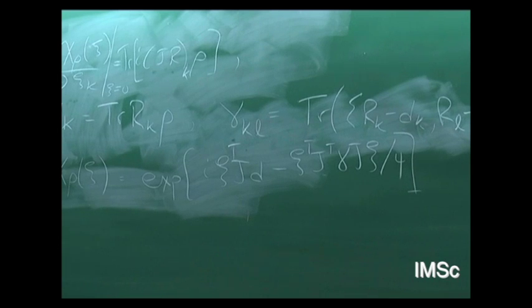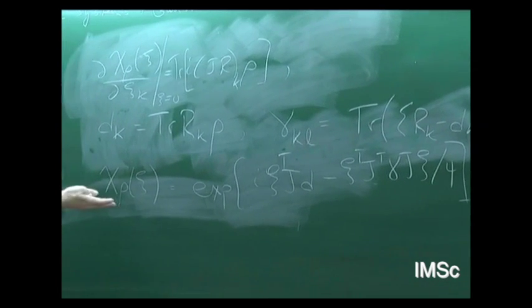Okay, so this is what a Gaussian state is. It's just something whose characteristic function looks like that.